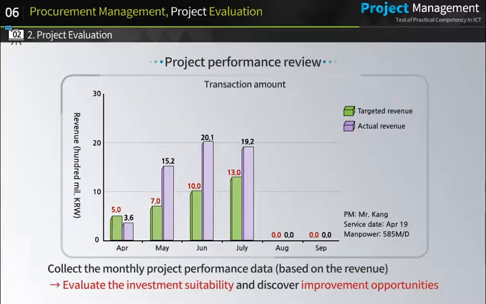This is intended to collect the performance data of each month in terms of the monthly revenue, so that the data can be used for evaluating the investment suitability and discovering improvement opportunities in the project operations. The green bars on the chart represent targeted revenues, and the purple bars, representing actual revenues, show that the revenues exceeded their targets since the second month after the service date.